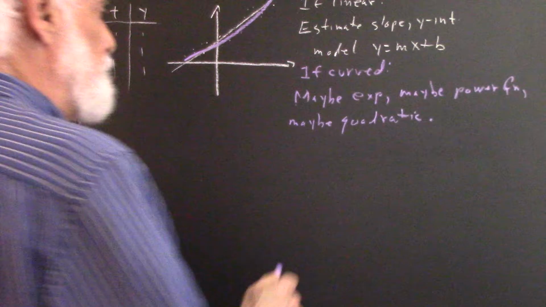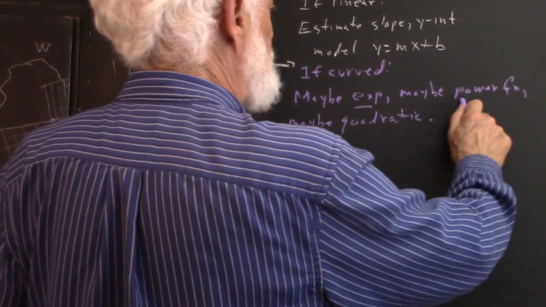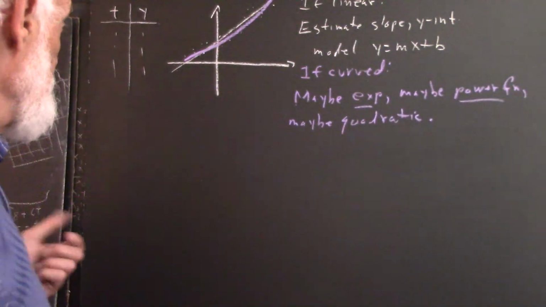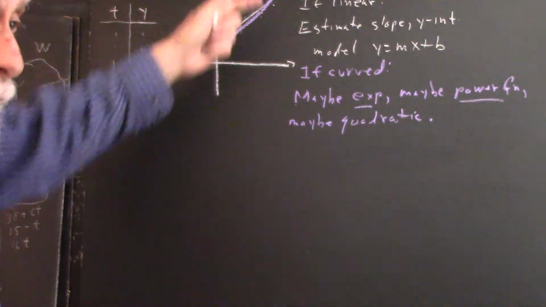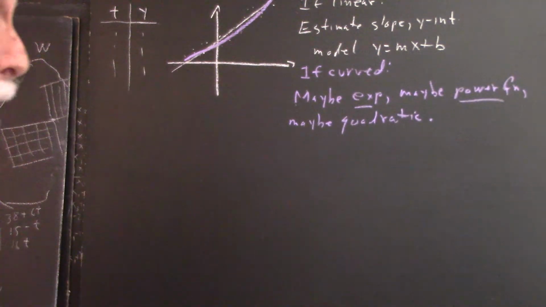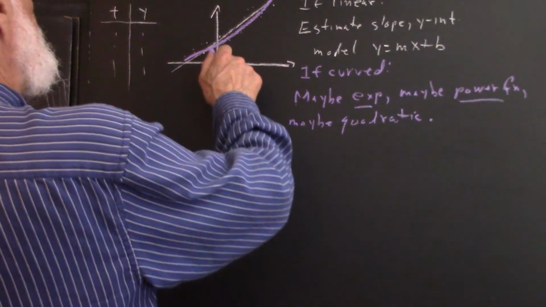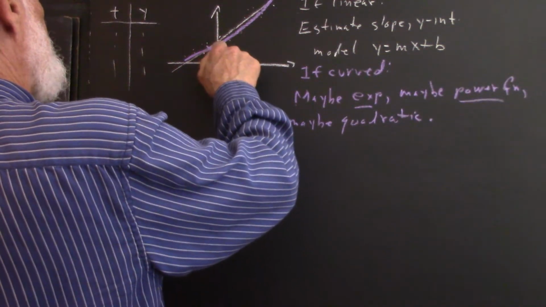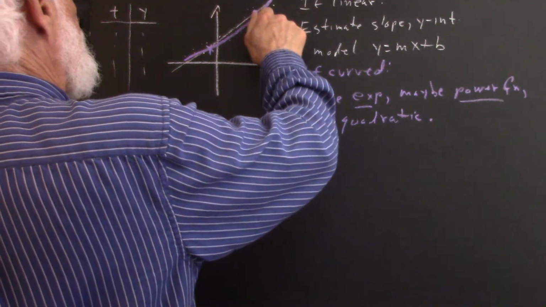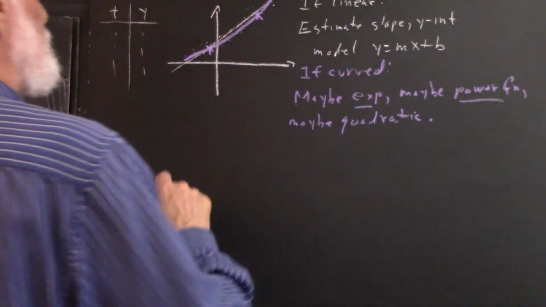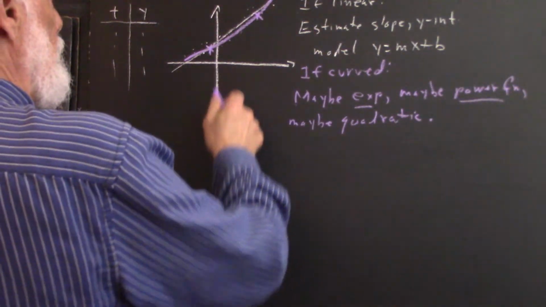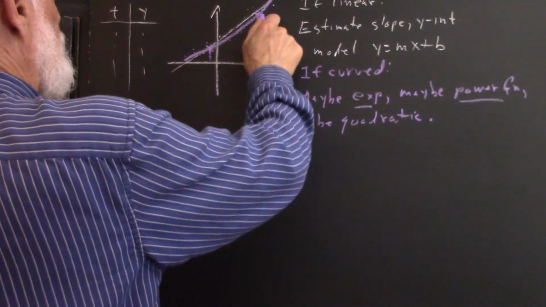Well, to test for exponential or power function, what we can do is estimate the coordinates of 2 points on that curve. Not data points, but points on the curve. So we take 2 typical data points. Let's just say we take this point and this point. And we estimate the x and y coordinates of each point.